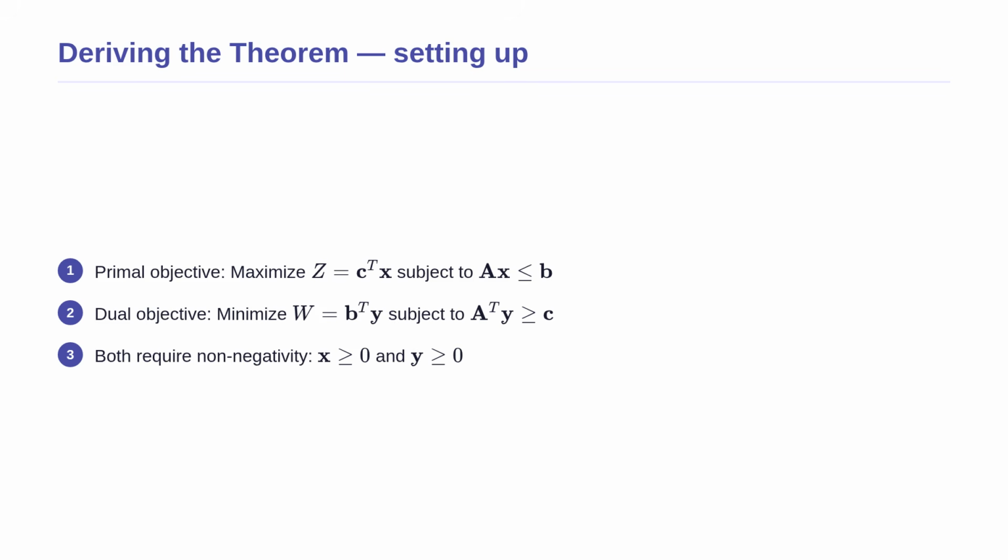We also define the corresponding dual problem, where we want to minimize the total theoretical cost subject to market profit constraints. For both problems, we require that all production quantities and assigned prices are non-negative, because you cannot manufacture a negative number of items, nor can a physical resource have a negative intrinsic value. This sets up the foundation for our derivation.